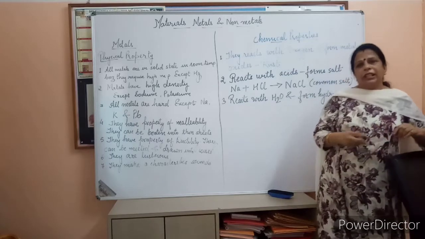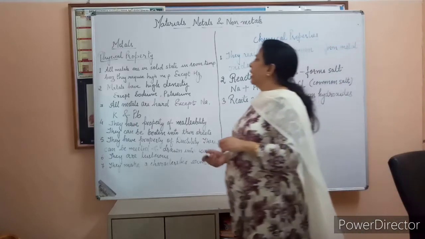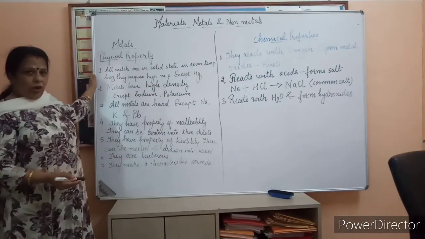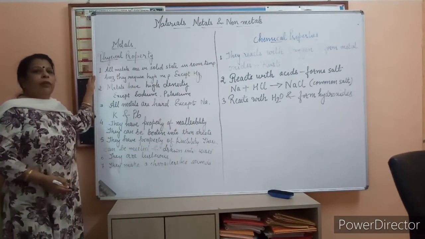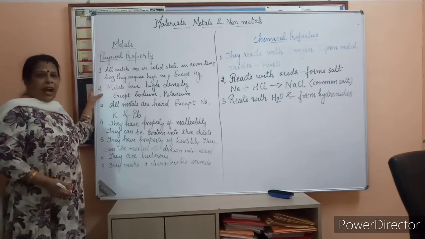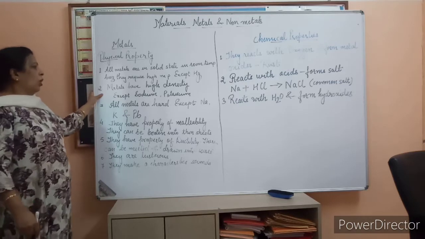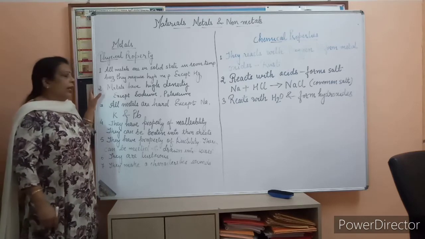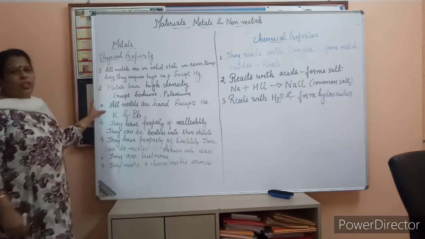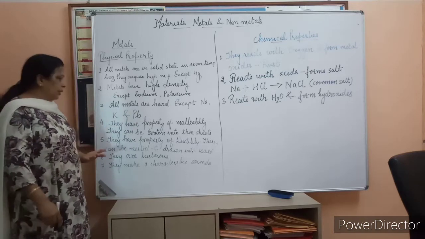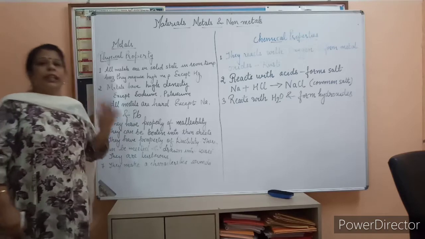Before leaving the session, we will just give a glance over all the topics taught today. First, all the metals are solid in state except mercury. Second, metals have high density except sodium and potassium. All the metals are hard except sodium, potassium and lead. They have the property of malleability, meaning they can be beaten into thin sheets.